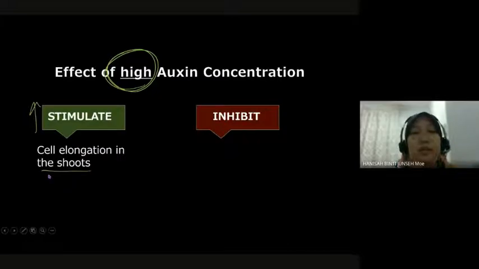Okay, cell elongation in shoots. That is why I use a green color. It shows it stimulates cell elongation, most importantly in the shoots. But high auxin concentration will inhibit, suppress.